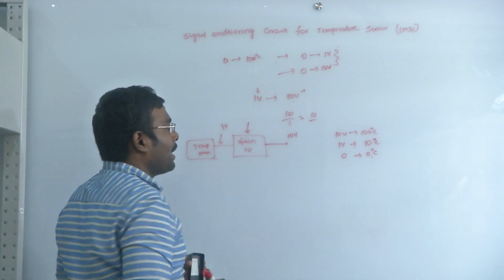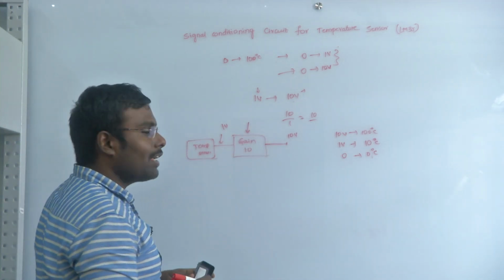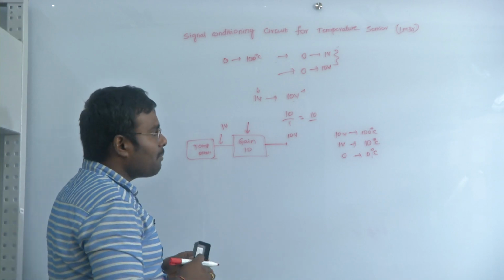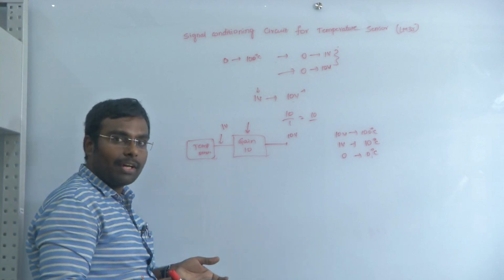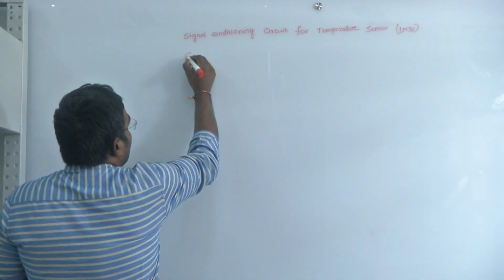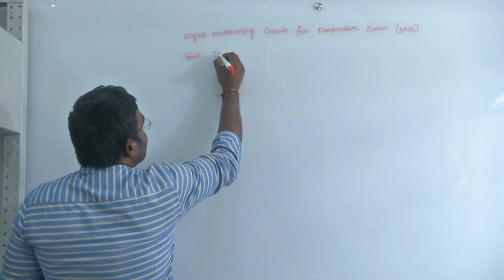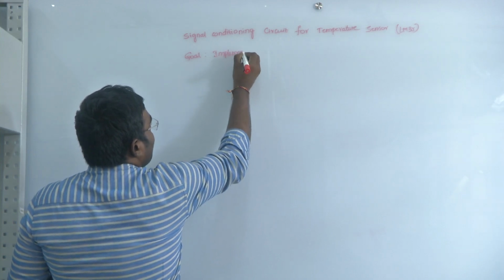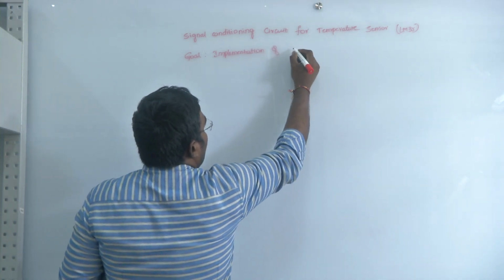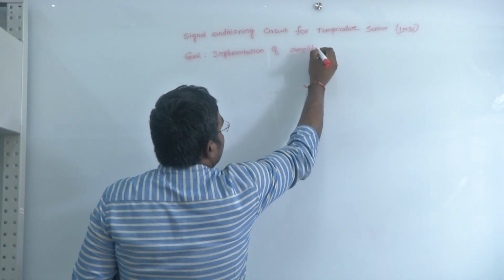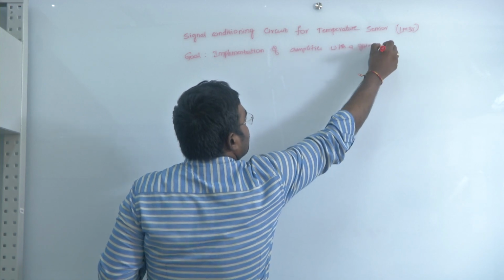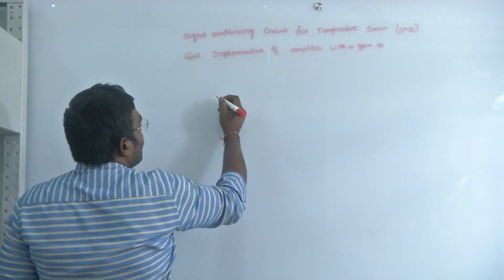Now, how can we implement it? There are different ways of doing it. Either we can go with the inverting amplifier or the non-inverting amplifier configuration. We will see one by one the implementation of a gain of 10 with an inverting amplifier as well as a non-inverting amplifier too. So the goal is the implementation of an amplifier with a gain of 10.